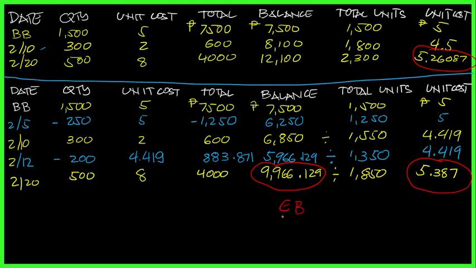What about your cost of goods sold? Your cost of goods sold will be the total of this one and that one. So that's now your cost of goods sold. So that's how you apply your moving average. This can only be done using your perpetual inventory system. Now let's continue.